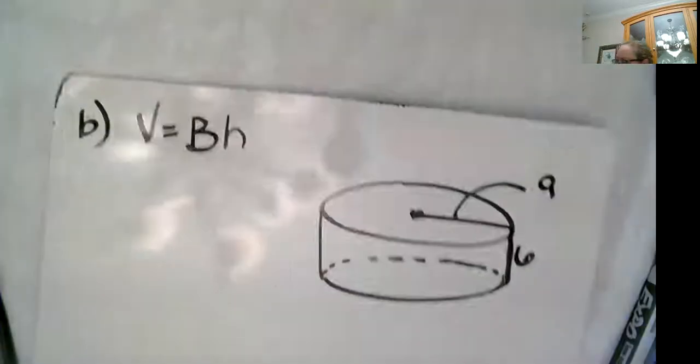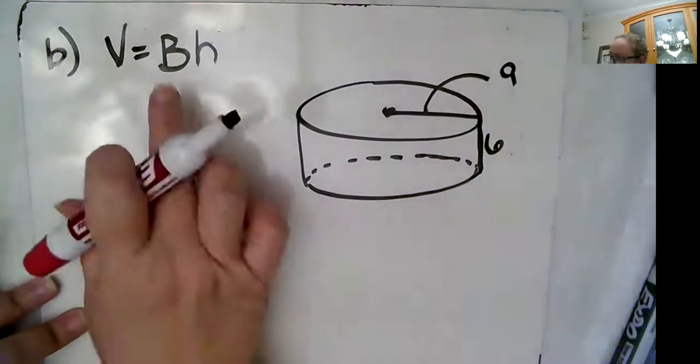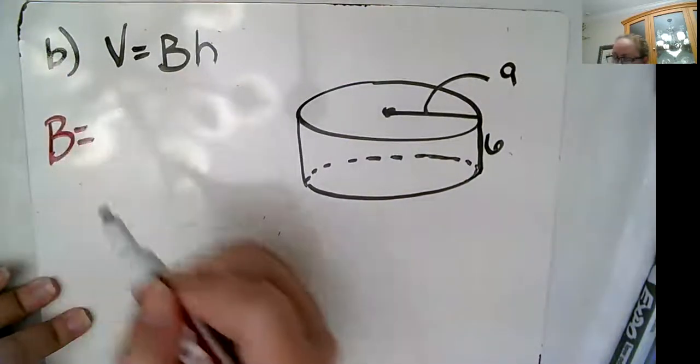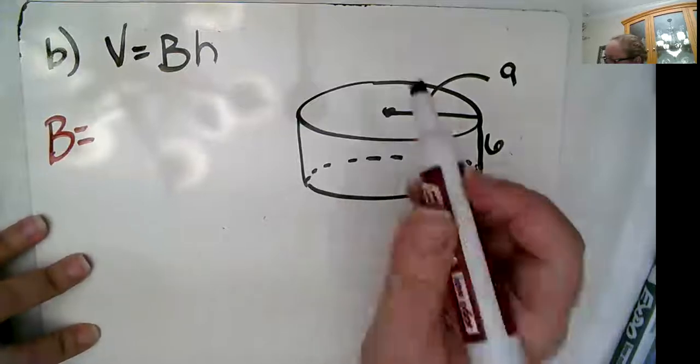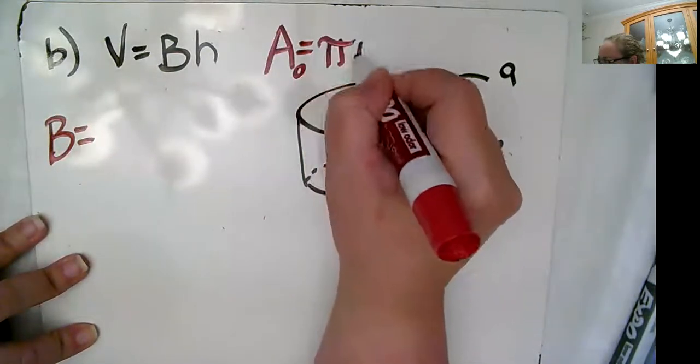Now there's a second half to example 2 with a cylinder. So we're going to do the same thing. We want to find the volume, but first we're going to find the big B, the base area. Well, the base area of this one has to do with a circle, and the area of a circle is pi r squared.